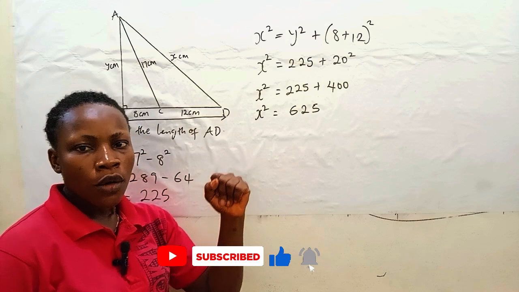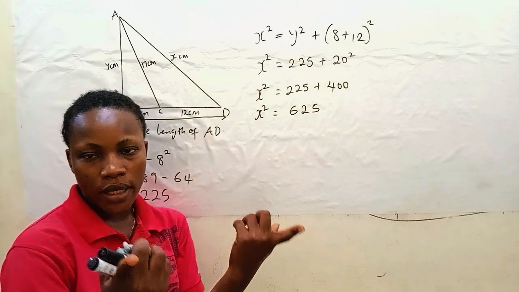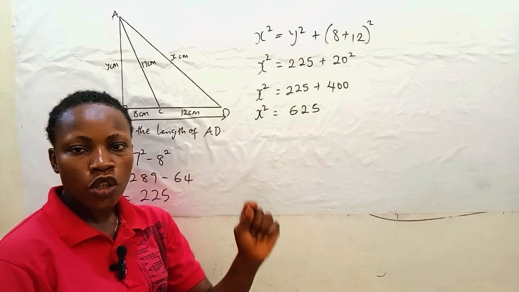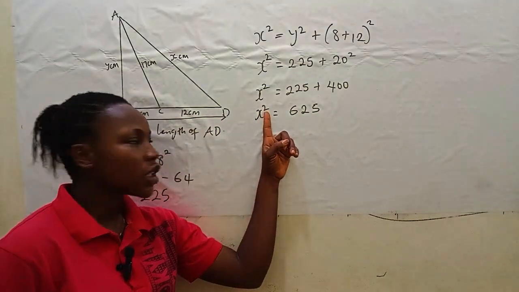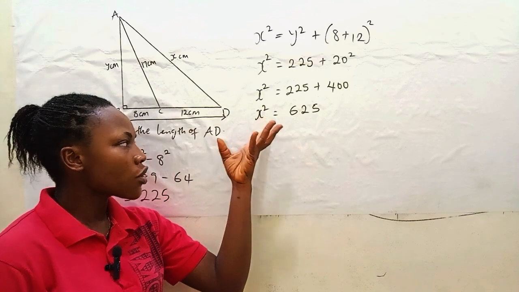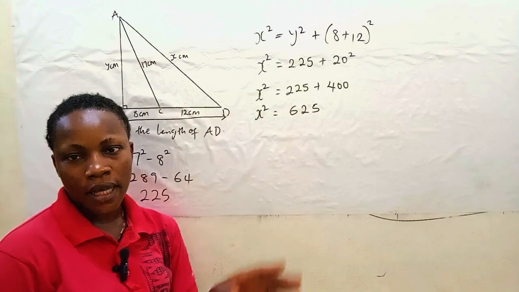Then if you watch, we are not looking for x square, we are looking for just x. So we are going to do something for us to be able to cancel out this square on top of this x. And for us to be able to cancel this square, we are taking square root of both sides.